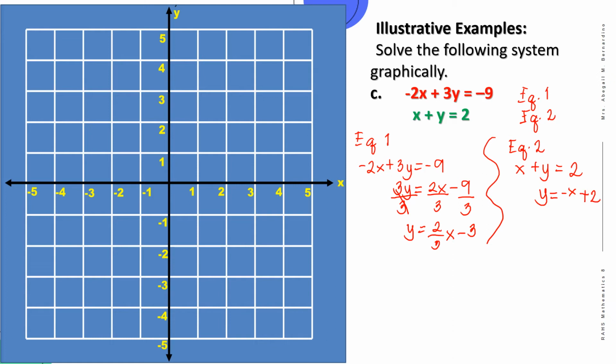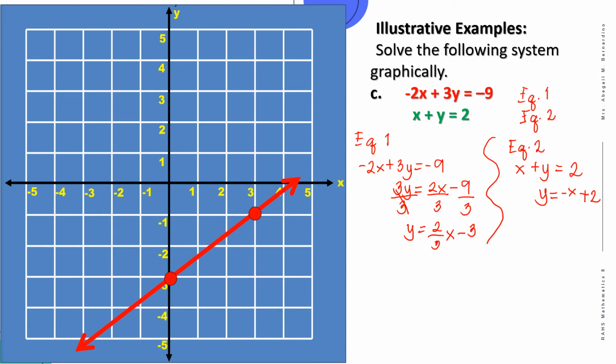Now, let's graph the first equation. Our y-intercept is negative 3. So, here it is. Then, we're going 2 units upward and 3 units to the right. So, the point will be here. Then, connect the points.